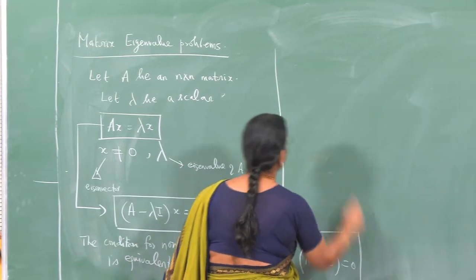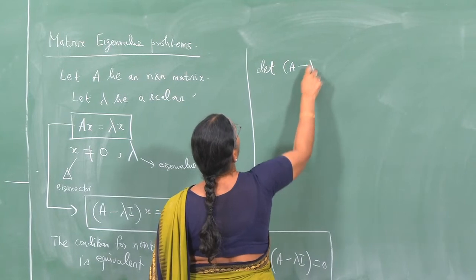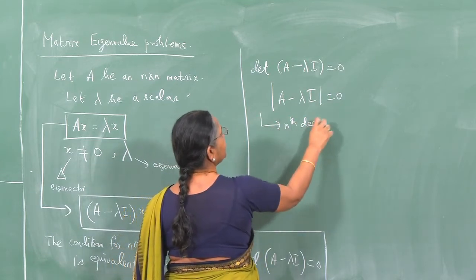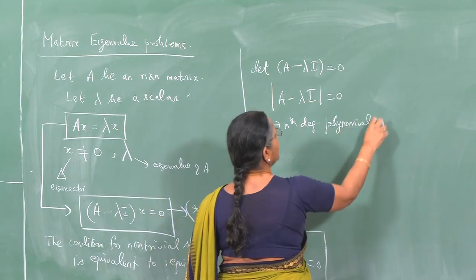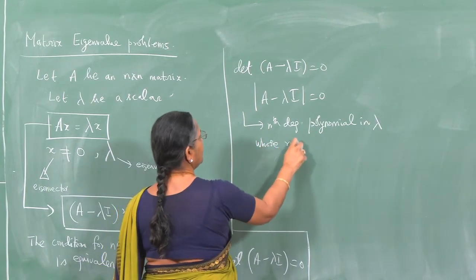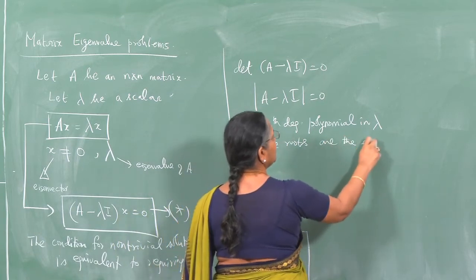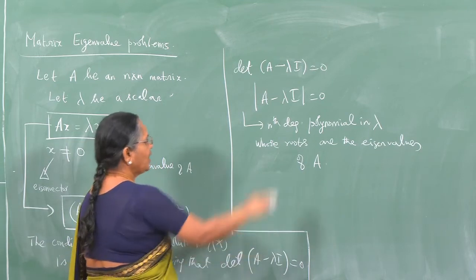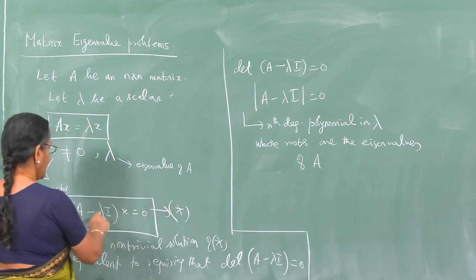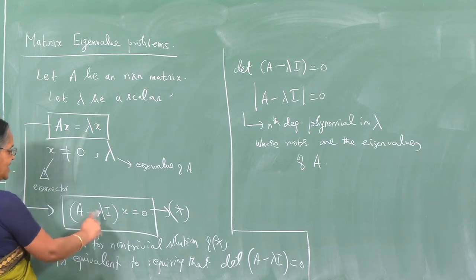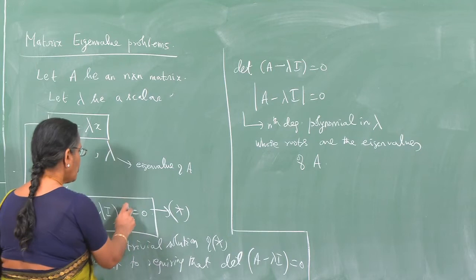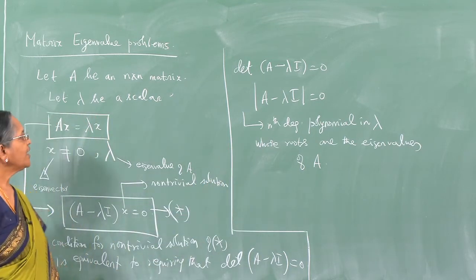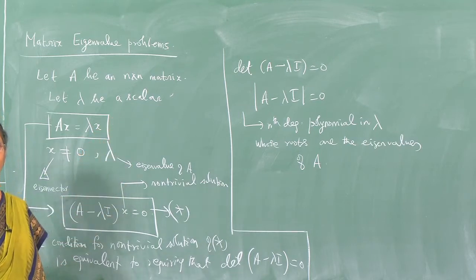So, if you find determinant of A minus lambda I and equate it to 0, you will observe that you have an nth degree polynomial in lambda whose roots are the eigenvalues of the given matrix A. And once you determine these eigenvalues, you substitute each of those eigenvalues here and then solve the system A minus lambda I into x is equal to 0, and you look for a non-trivial solution of this system corresponding to each of the eigenvalues which are roots of the equation determinant of A minus lambda I equal to 0.